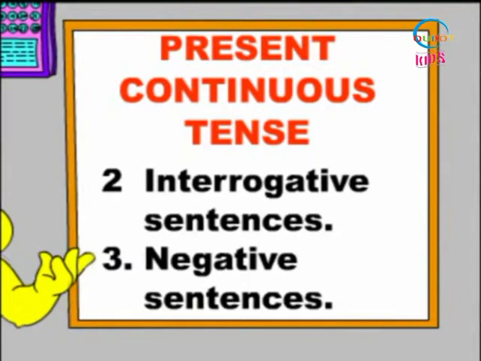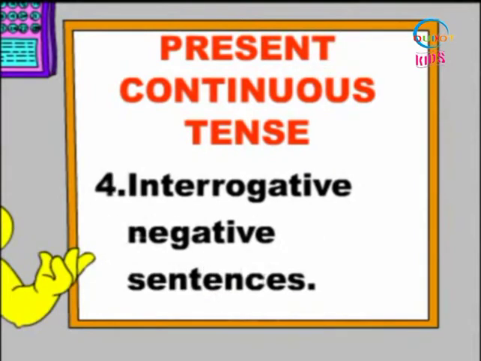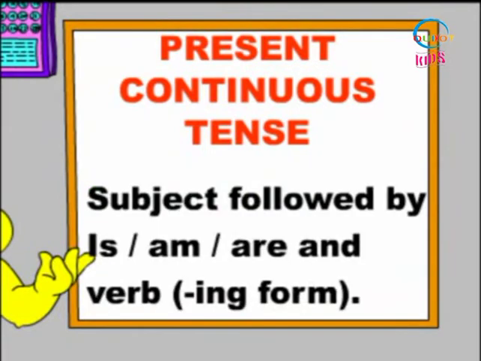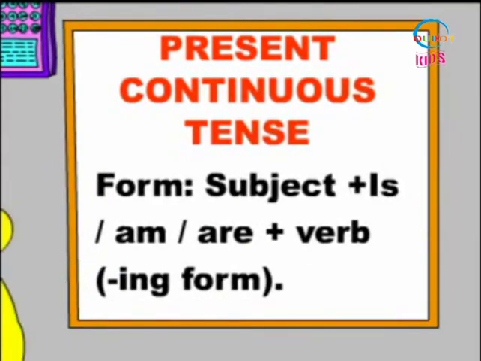Negative sentences. 4. Interrogative negative sentences. 1. Statement sentences. It is formed by the subject followed by is, am, are and the verb ing form. Form: subject plus is, am, are plus verb ing form.